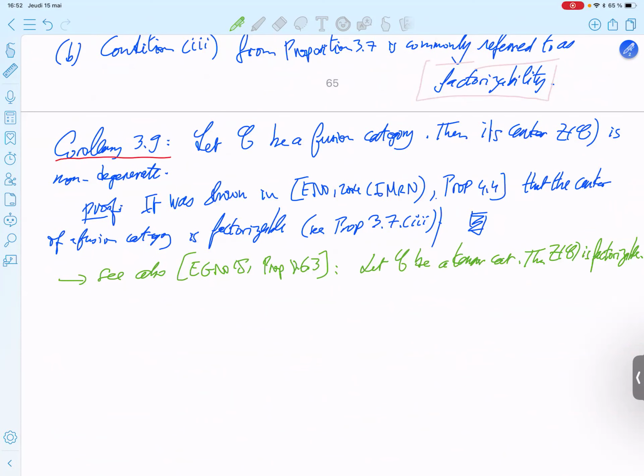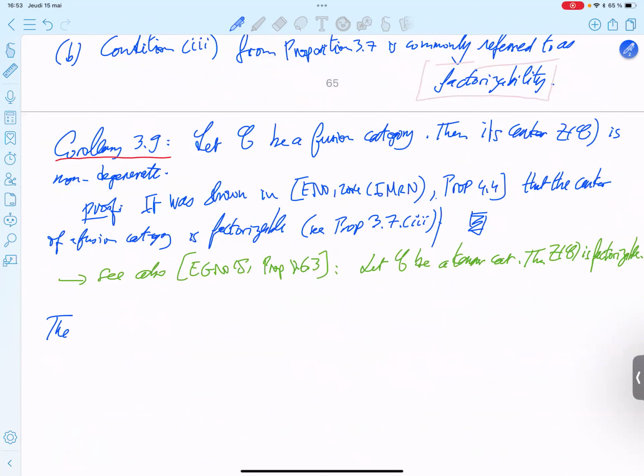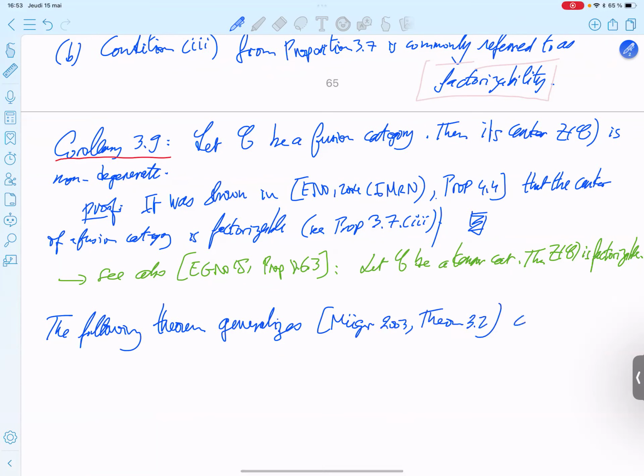Okay. So I will have just time to state, but no time to prove, the next theorem, which generalizes the result of Müger, 2003, Theorem 3.2, regarding modular categories.